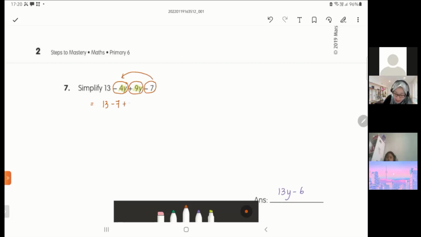So plus 9y minus 4y, like this, equals to, we do this one first, the number 13 minus 7 is 6, and then the plus, bring down, and then we solve this one. 9y minus 4y is plus 5y. Answer is 6 plus 5y. 6 plus 5y. Okay.